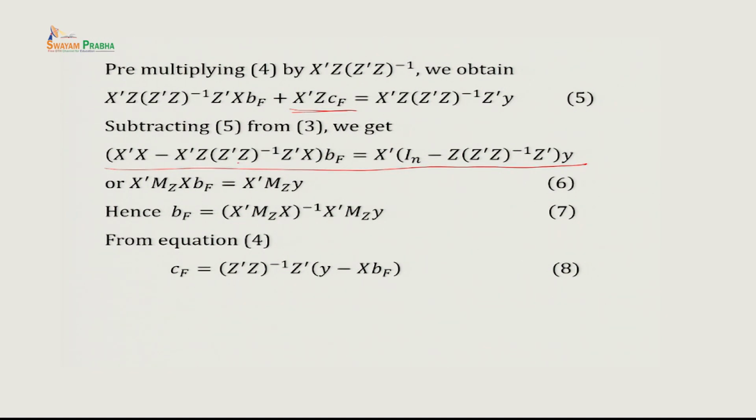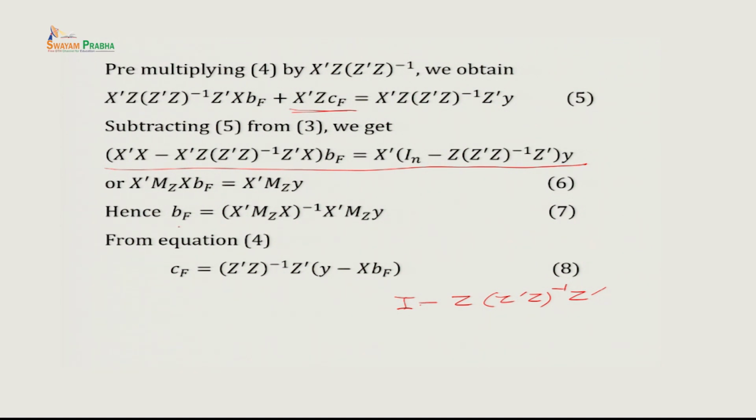And from here you can obtain the value of B f. We write m z equal to this matrix I minus z, z transpose z inverse z transpose. So, you get x transpose m z x B f equal to x transpose m z y, and so B f is equal to x transpose m z x inverse x transpose m z y.